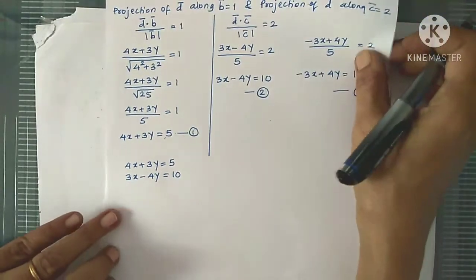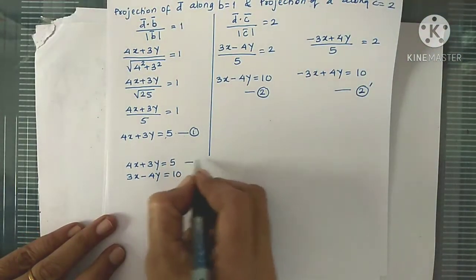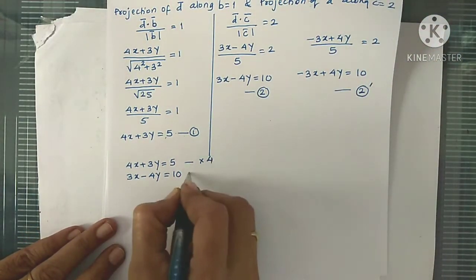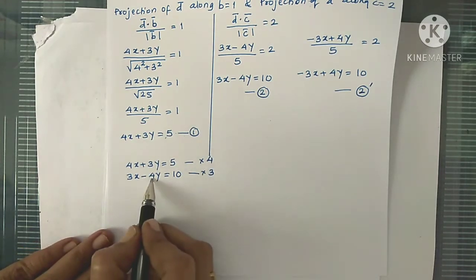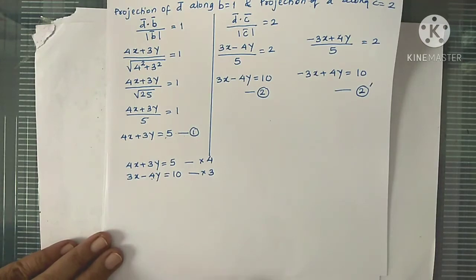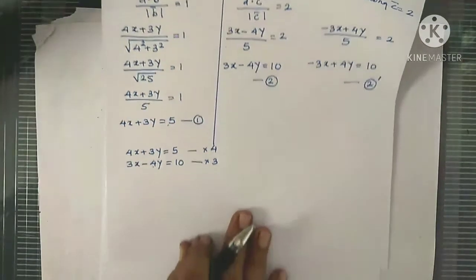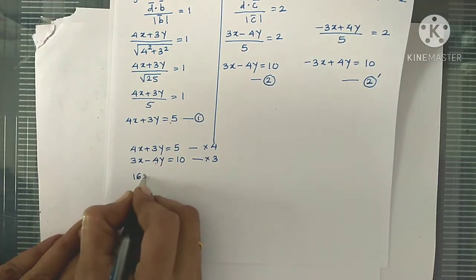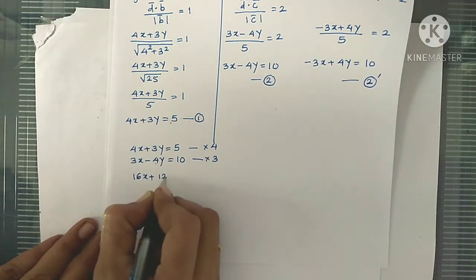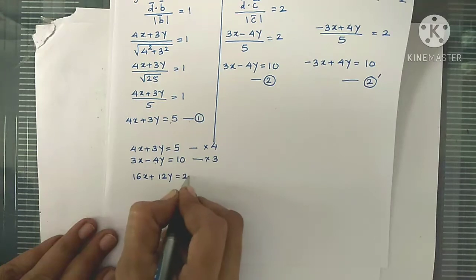So for that, let's multiply first equation by 4 and second equation by 3, so that we get 12y here and here we get minus 12y, and adding it will get cancelled. So multiplying first equation by 4, we have 16x plus 12y equal to 20.